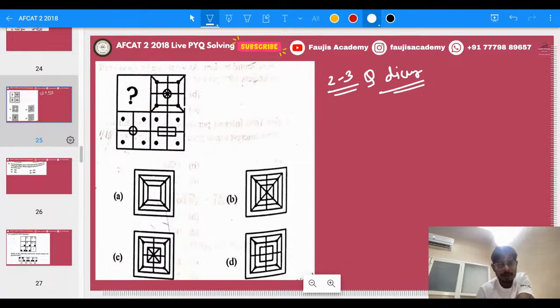See, over here, we have to look at it like this. This figure and this particular figure and this to this one.